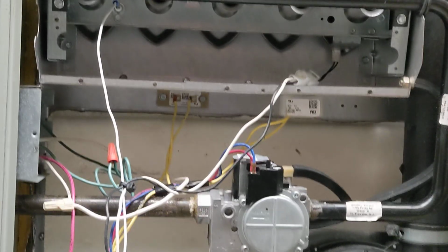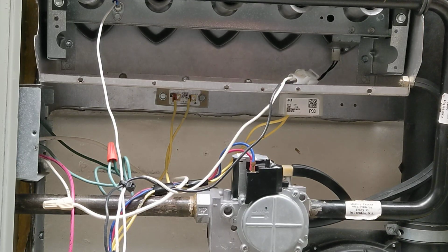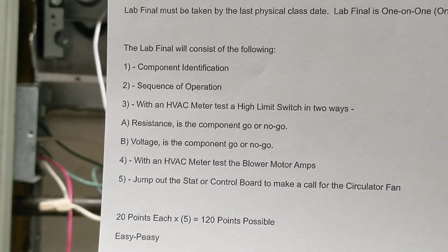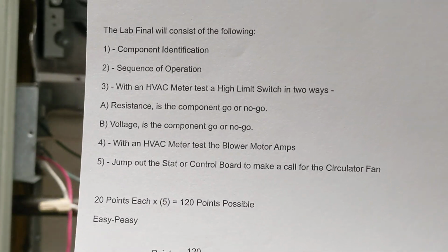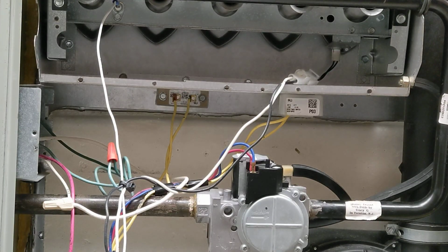Let's put this way back here. All right. So we've done the component identification. We've done the sequence of operation. Okay, now we need to do this high limit switch. First of all, you got to be able to find it.